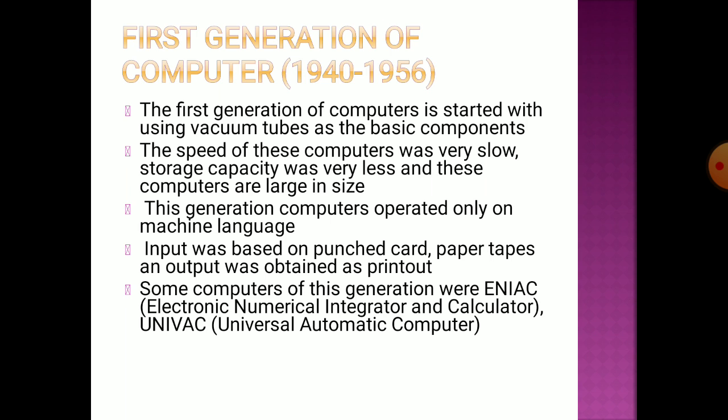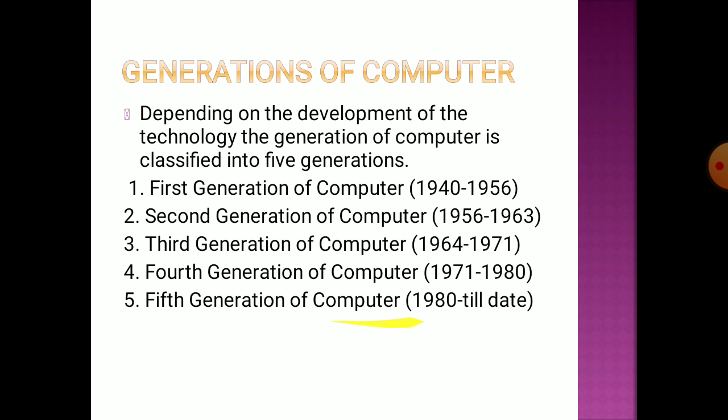These computers operate only on machine language. The input is entered through punched cards or paper tapes, and the output is obtained using printouts. Examples of first generation computers are ENIAC and UNIVAC. ENIAC stands for Electronic Numerical Integrator and Calculator, and UNIVAC is Universal Automatic Computer.